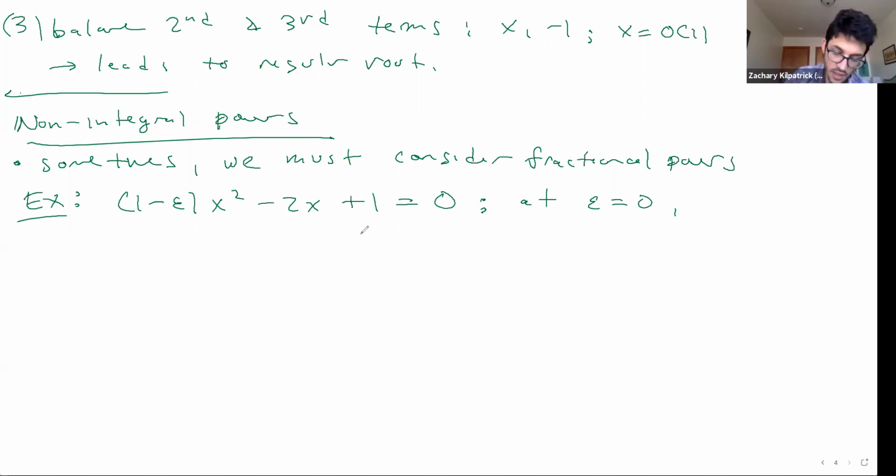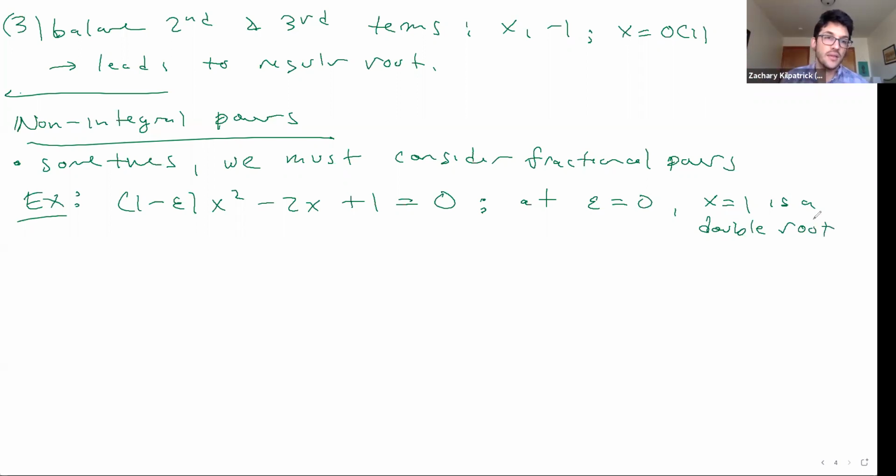What are the roots of that equation? What are the roots of the epsilon equals 0 equation in this case? Yeah, just 1 and 1. So it's a double root. x equals 1 is a double root.